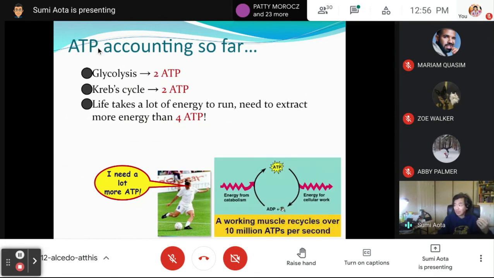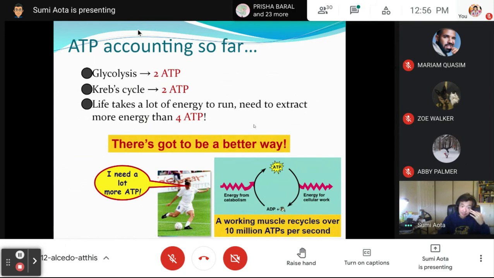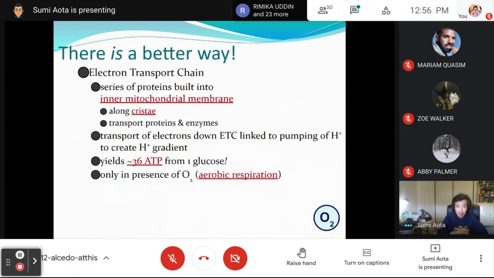Because of this fact, there's got to be a better way to generate more ATP, and there is. That better way is called the electron transport chain. It's a series of proteins that are built into the inner mitochondrial membrane, the cristae. They're basically transport proteins or permeases and enzymes.